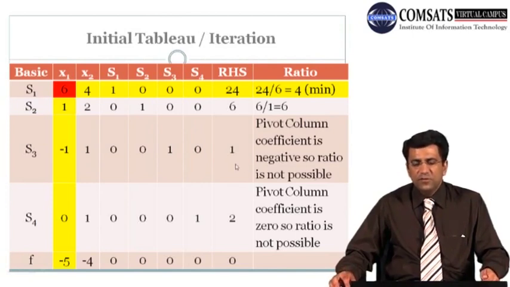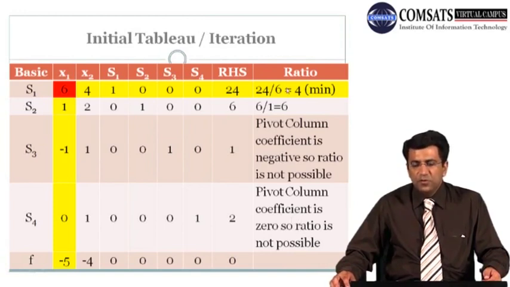So in this case we got a negative value as a ratio, so we will ignore this value. Again in the next row, if we divide 2 by 0, then we get infinity, because if we divide any value by 0, it becomes infinity by the mathematics rule. So again for this case we will ignore this ratio value.